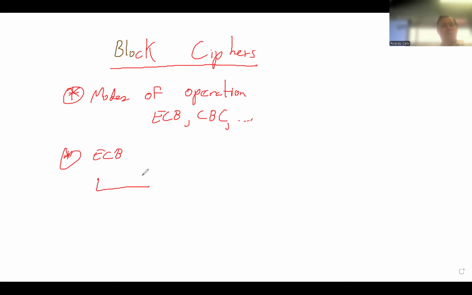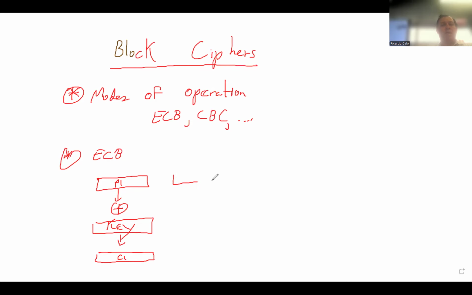So I'll remind you that the underlying problem with ECB was that we have a plain block 1, and we XOR it with the key to produce a cipher block, C1.